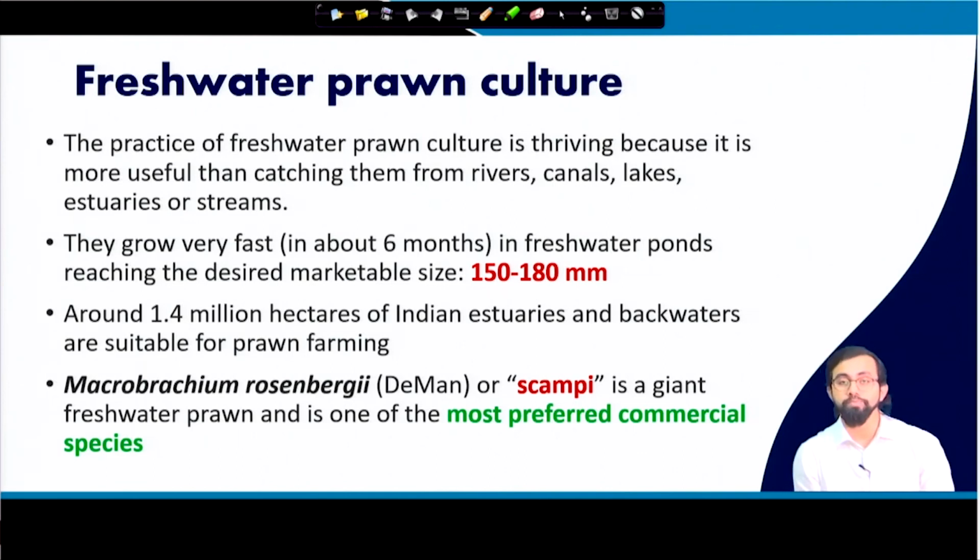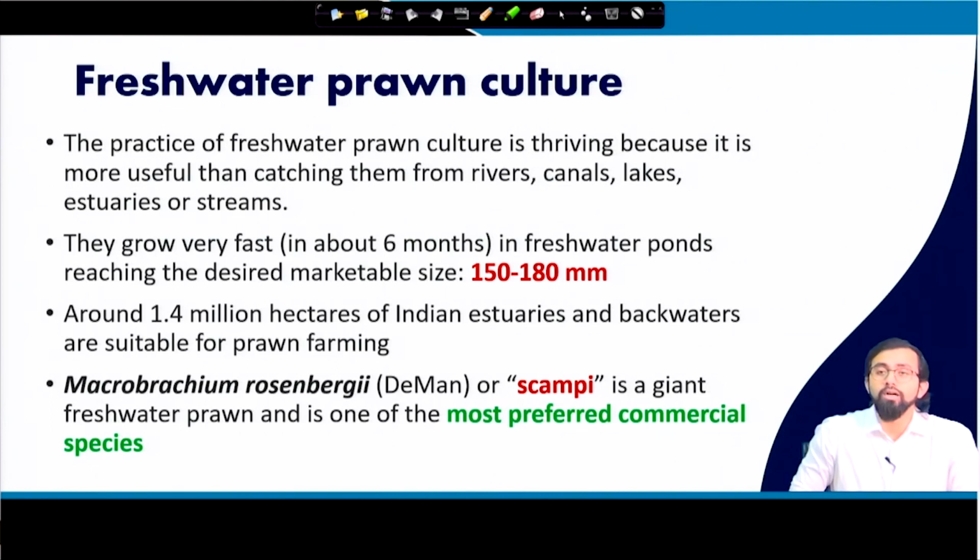The scampi hatcheries are very famous, and in India we have different organizations working on it. They have developed different methods and a very nice design of hatchery farms, which are optimal in nature, considering all the environmental and economic benefits, and that is already available.